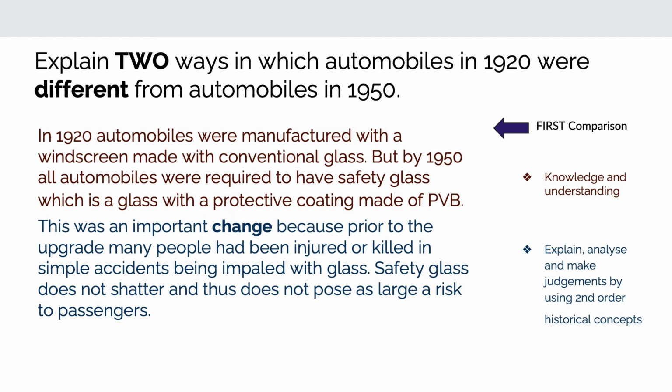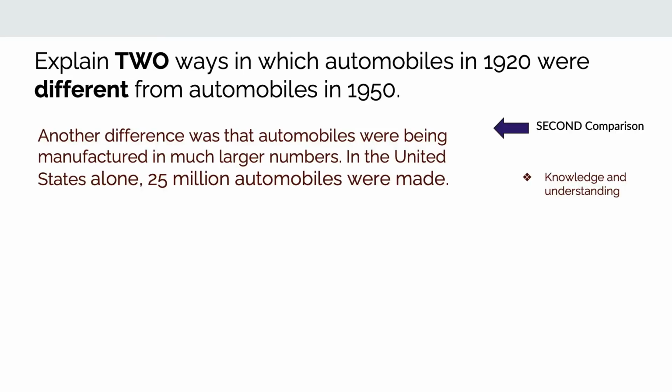Now, just so you don't think that I'm just doing a halfway job, you have to do 2 ways. So here's the second comparison. You can pause if you want to read the whole sentence. But essentially, my second comparison is about how the manufacturing numbers of automobiles increased from 1920 to 1950 during that 30-year period.